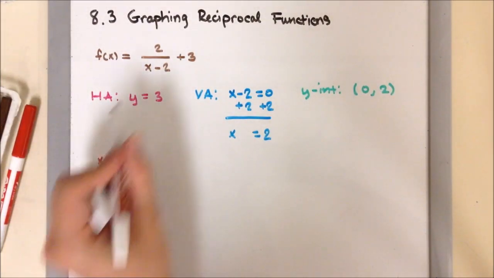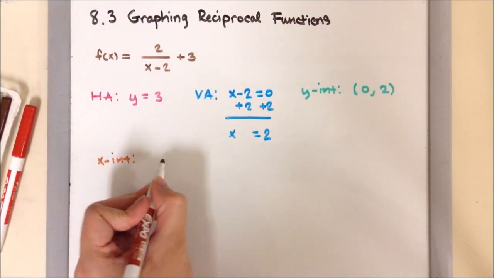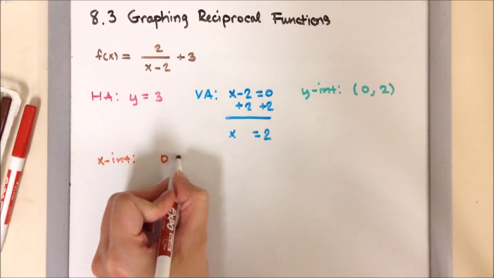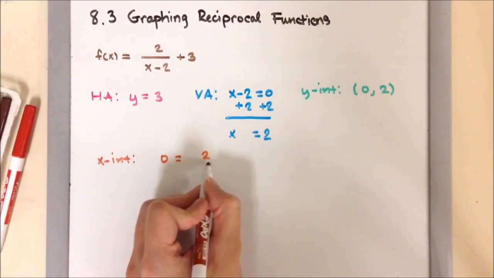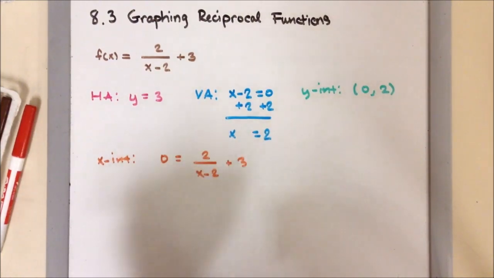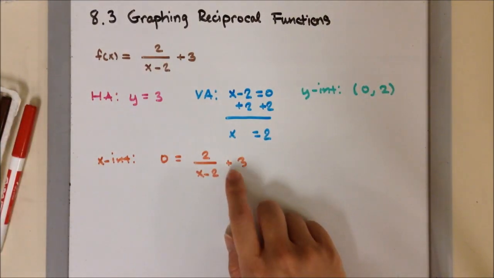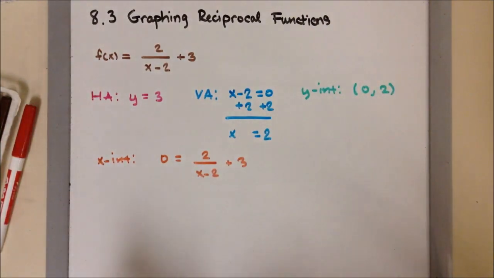So for the x-intercept, we set the whole equation, the whole function, equal to 0. So 0 equals 2 over x minus 2, and then plus 3. So what I'm going to do first is I want to get rid of this plus 3. Since it's not part of the fraction, that's the first thing you're going to get rid of.